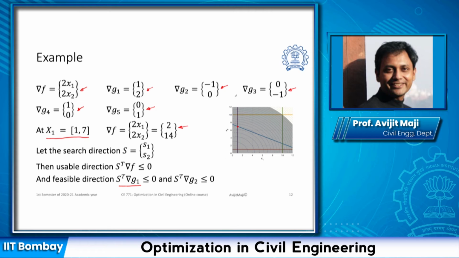So from here, if we try to find any direction in this direction or along this line, all these are going to be feasible.